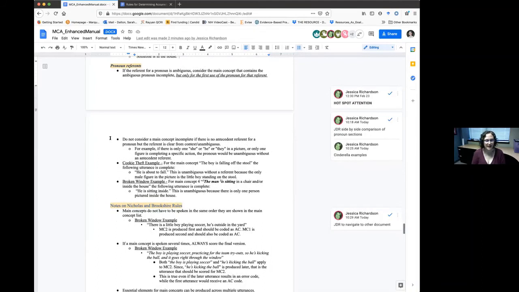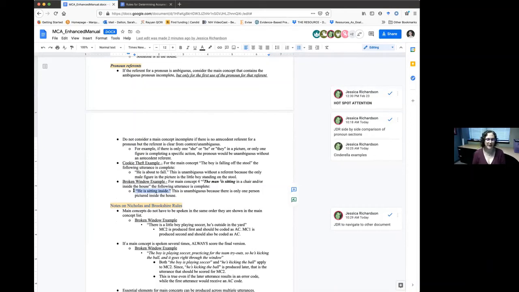They also say that you should not consider a main concept incomplete if there is a missing referent, but the context is clear or unambiguous. And so for broken window, a statement like he is sitting inside, even if they haven't said the man, there's only one person sitting inside.